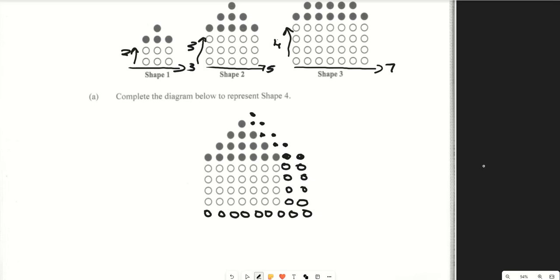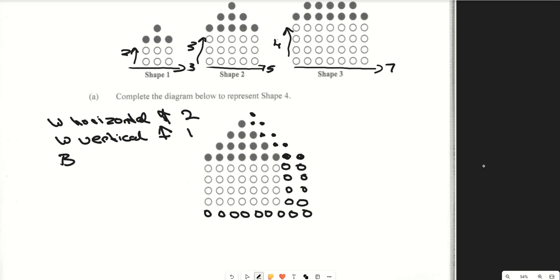So the white horizontal, the one that's across, increases by 2. The white vertical increases by 1.